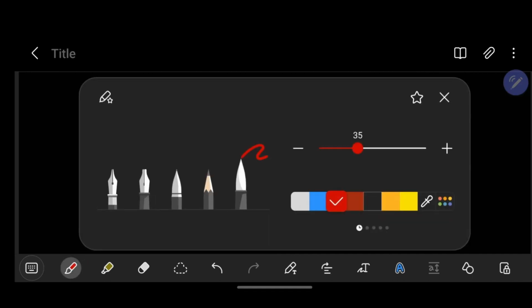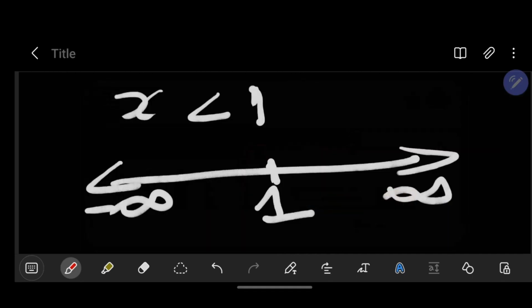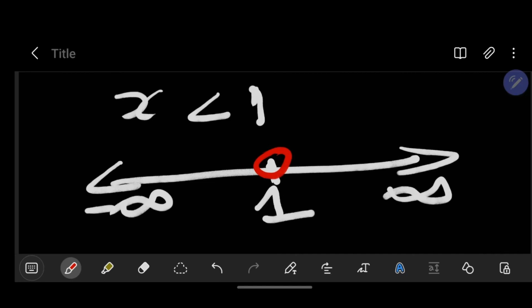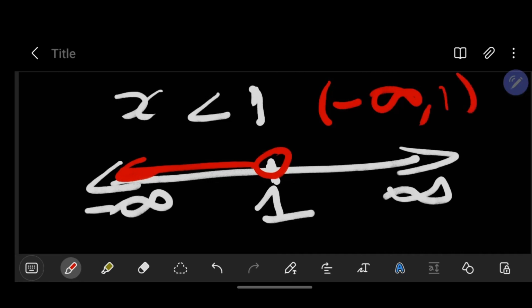This one as well is quite simple. x is less than 1, so we're not including 1, and we're moving all the way to negative infinity. So in order to write this out, we go from smallest number to the biggest number, so negative infinity to 1 round bracket. Round bracket for infinity as per the rule, and round bracket for 1 as it's not included.